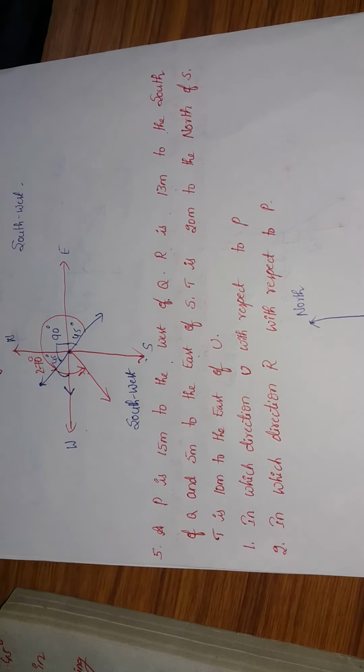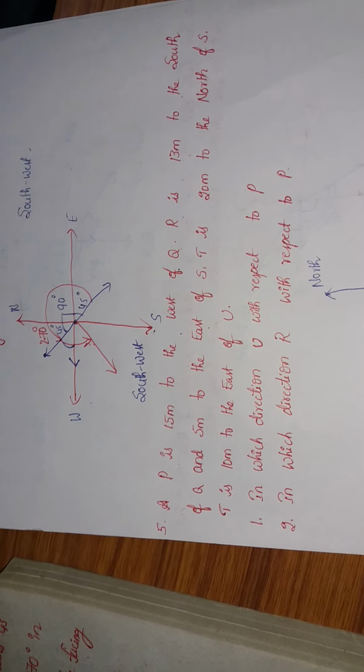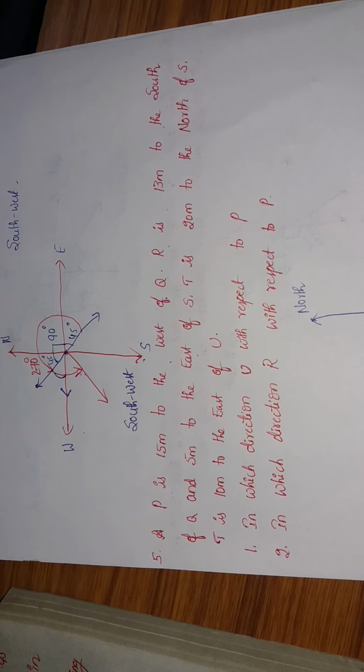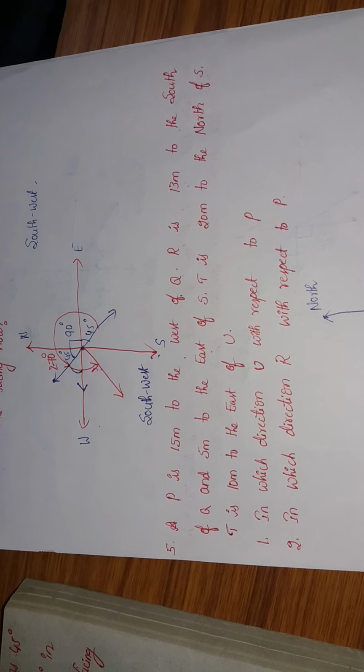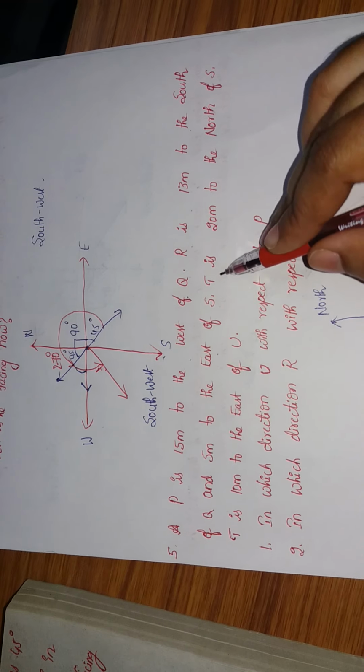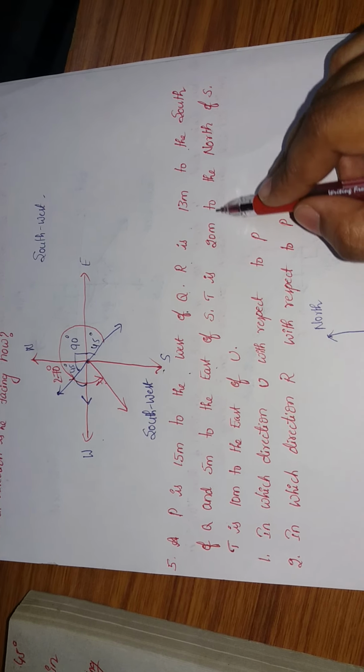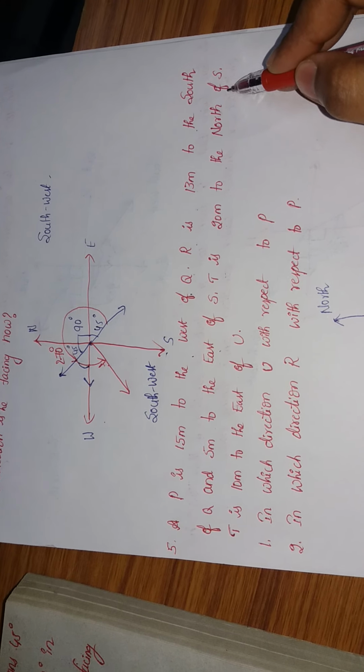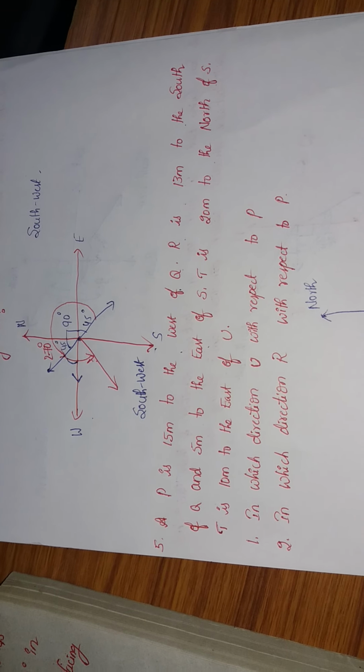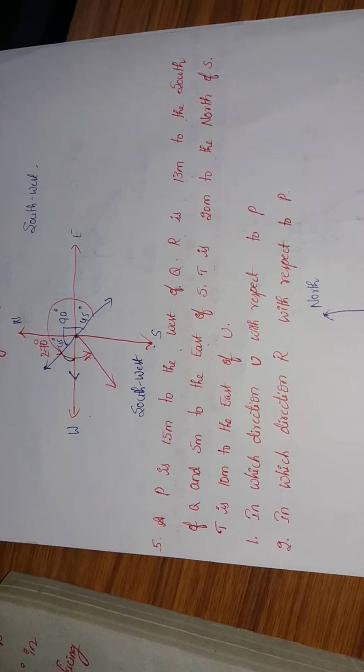5 meters to the east of S, not Q. So, east of S, R is present. T is 20 meters to the north of S. North is in this direction.